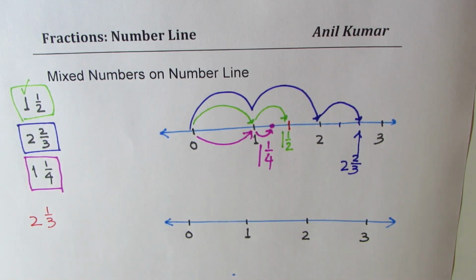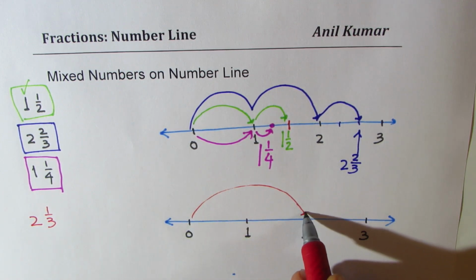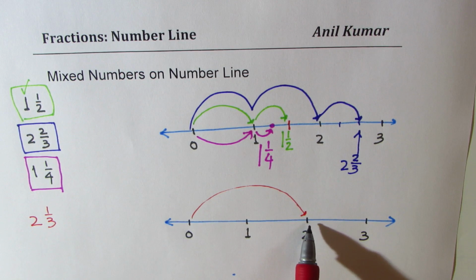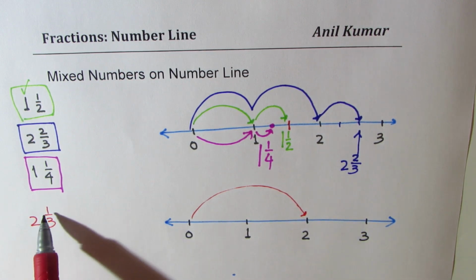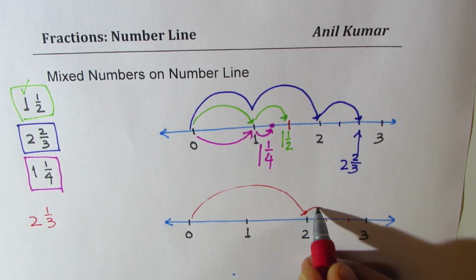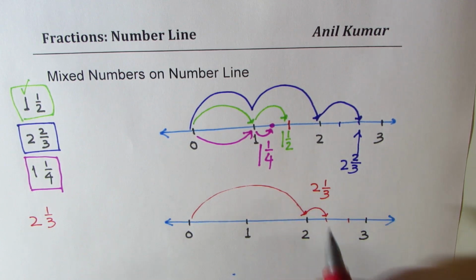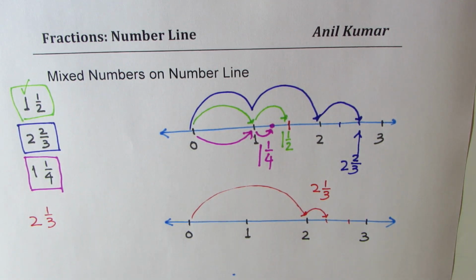Think about it. So 2, 1 over 3 means 2 wholes. So you can go straight to 2. And now distance between 2 and 3 has to be divided into 3 equal parts, and you have to go to the first one. So that is 3 equal parts going to the first one gives you 2, 1 over 3. Perfect. So that is how you're going to get it.